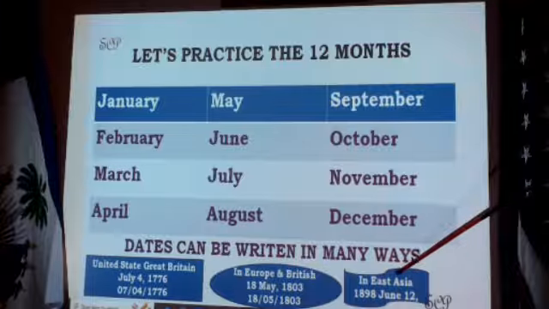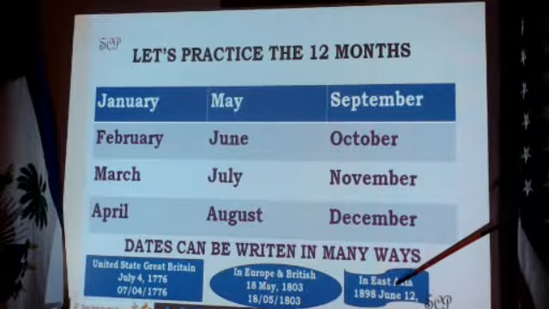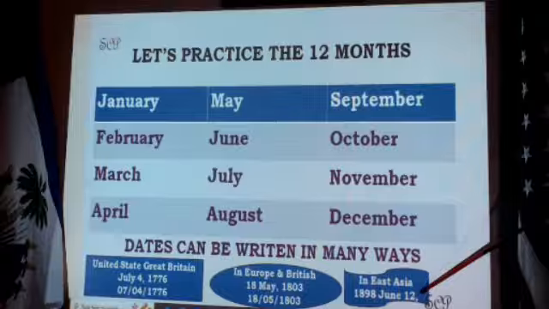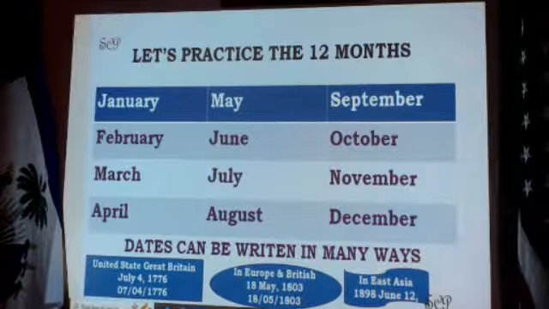In East Asia, they write the year first, then the month, and then the day: 1898, June 12. So you see, around the planet, people read things differently.